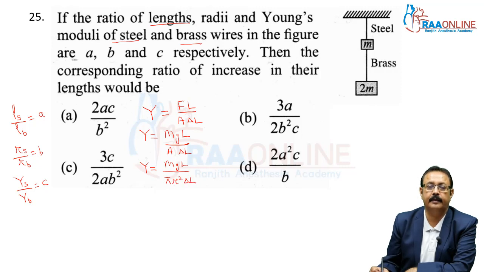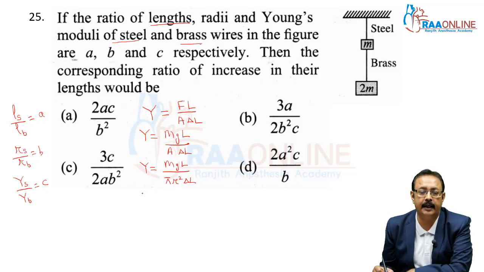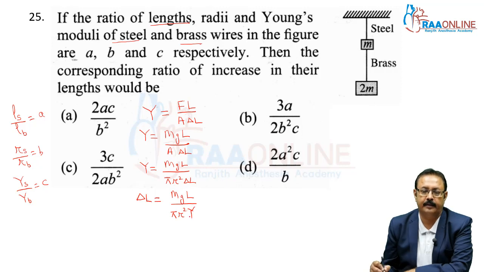So the increase in length is delta L equals mgL divided by pi r square Y.